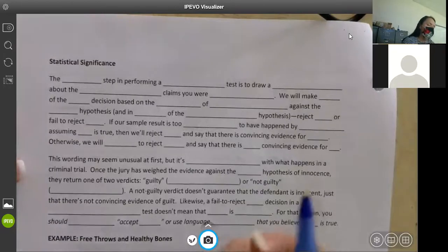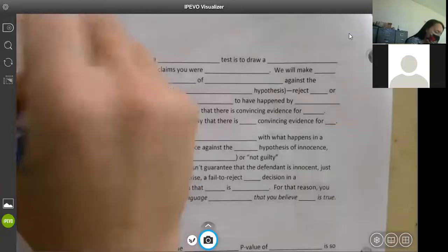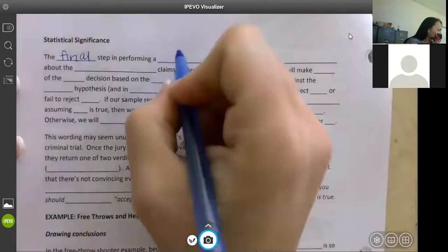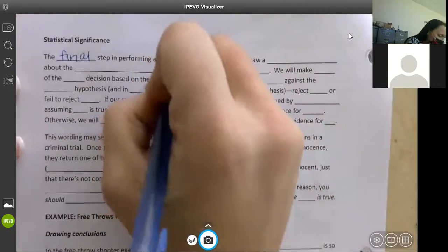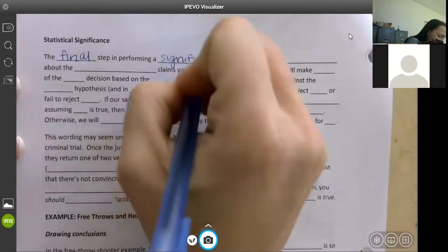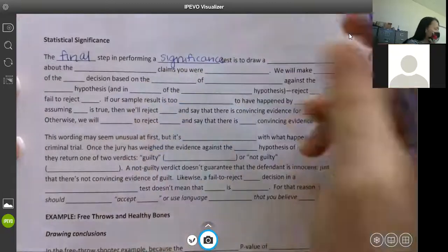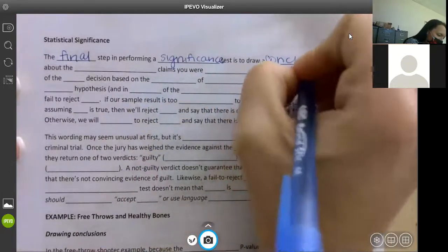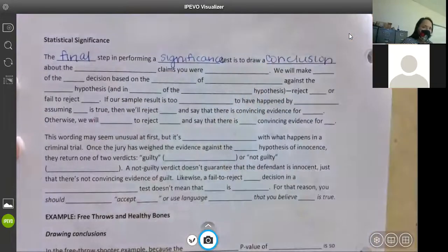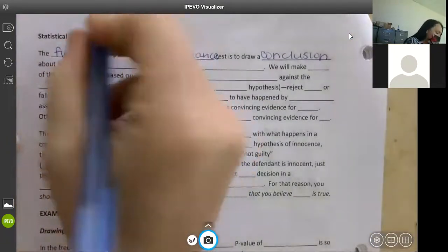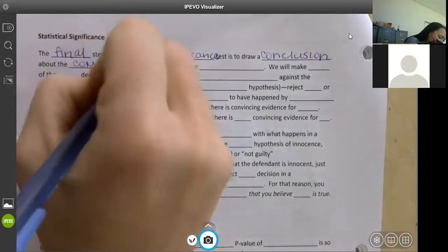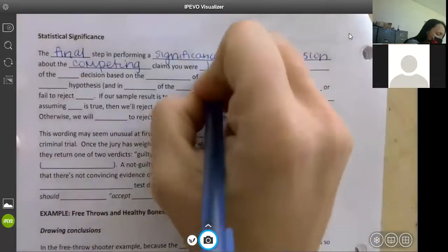All right, so statistical significance. The final step in performing a significance test is to draw a conclusion about the competing claims you were testing.